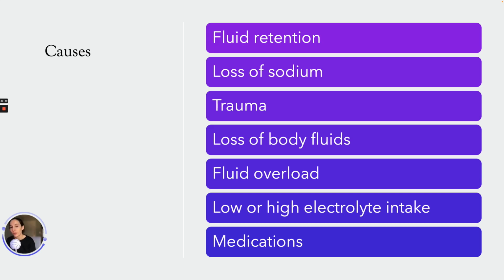And fluid volume deficits result from loss of body fluids. There's also fluid overload, so fluid volume excess may be related to a simple fluid overload or diminished function of homeostatic mechanisms responsible for regulating balance. There can also be low or high electrolyte intakes from diet, which can cause electrolyte imbalances, and certain medications can cause electrolyte imbalances if they're not taken correctly.